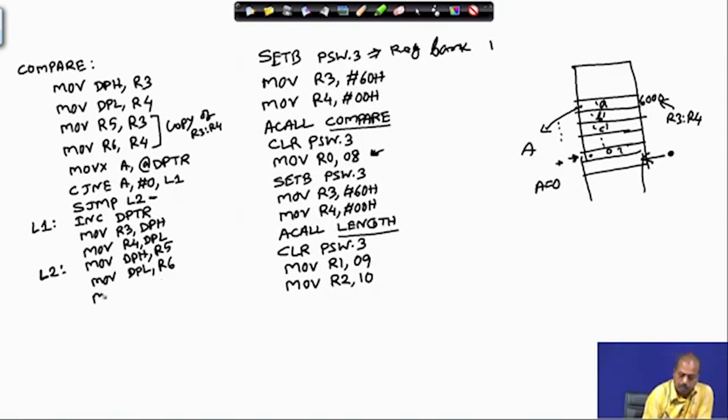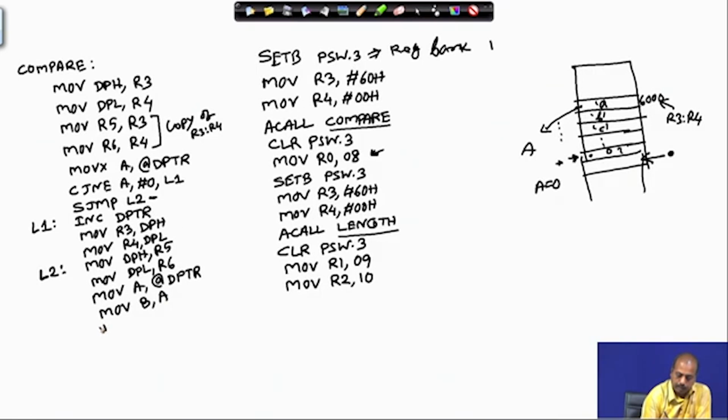Then we do MOVX A, @DPTR. From DPTR we are getting the next value, so we have come back to this point and got the character again here. Then we save this character that we have read from the first string into the B register. So MOV B, A will save this value into the B register.